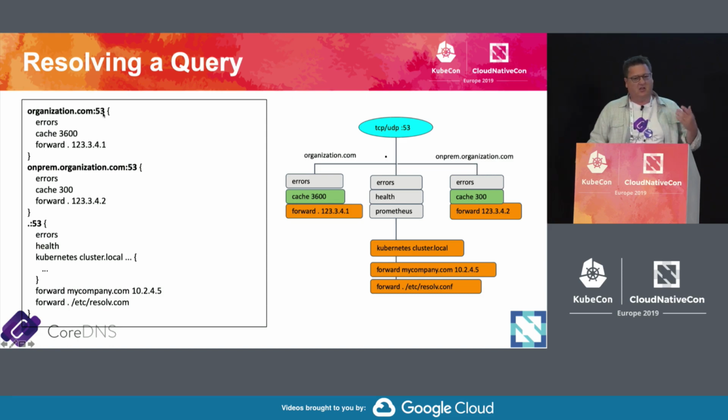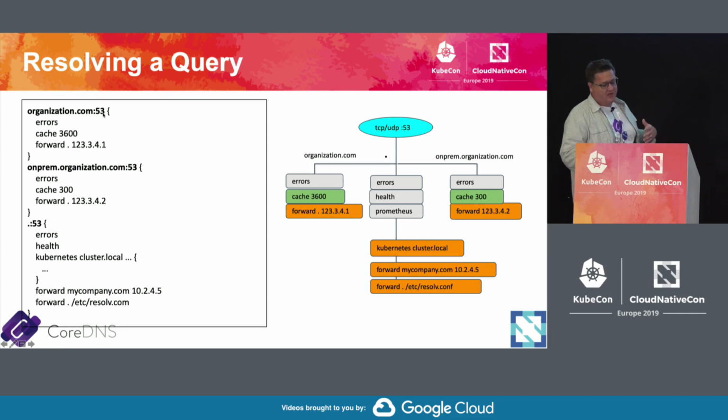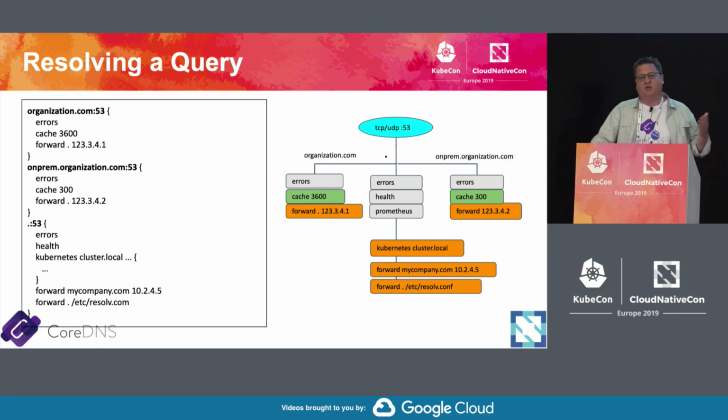And typically, it'll all be the same port because you only want to serve things on one port. All these get gathered up, but queries get routed through these plugin chains. Each stanza defines a set of plugins or operations that you want to do on the request. And so you can have a different set of operations based upon the zone of the query.